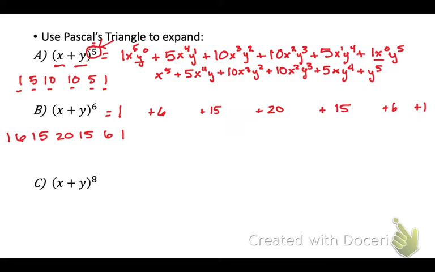Okay, so my x's are going to go up, and my y's are going to go down. So it's going to be x to the 6th. Why is it 6? Because the power is 6, right? y to the 0. x to the 5th, and then y to the 1st. And then just keep on doing it.